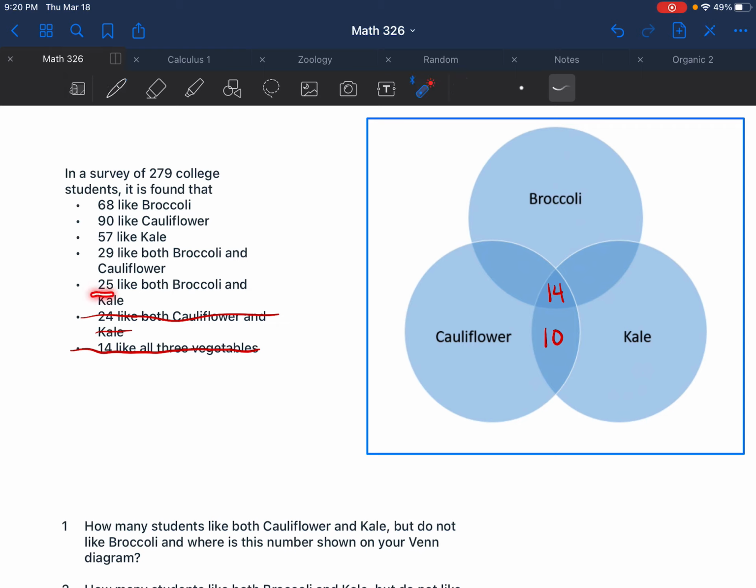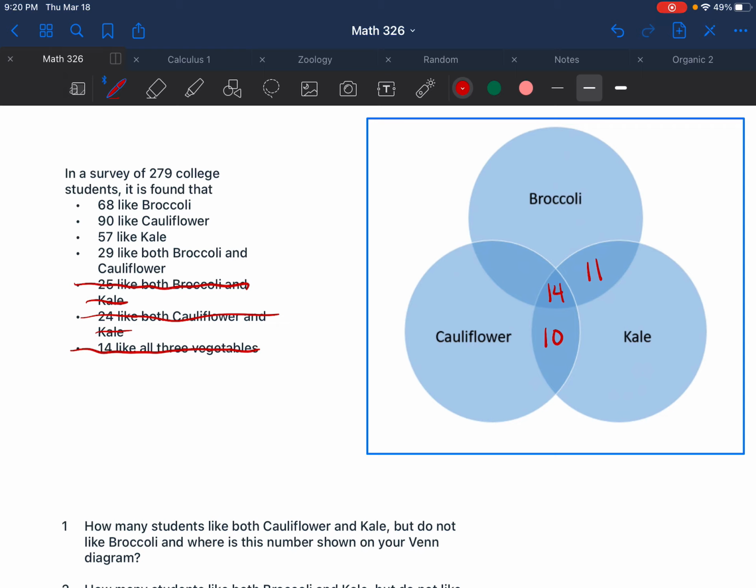Next, 25 like both broccoli and kale. So the section of people that like both broccoli and kale is where broccoli and kale overlap. So that's this section right here. And again, 14 people are already accounted for, so we can go ahead and subtract 14 from 25 to get 11. Same deal as when we did the last one, because remember, those 14 people are already accounted for because they still like broccoli and kale.